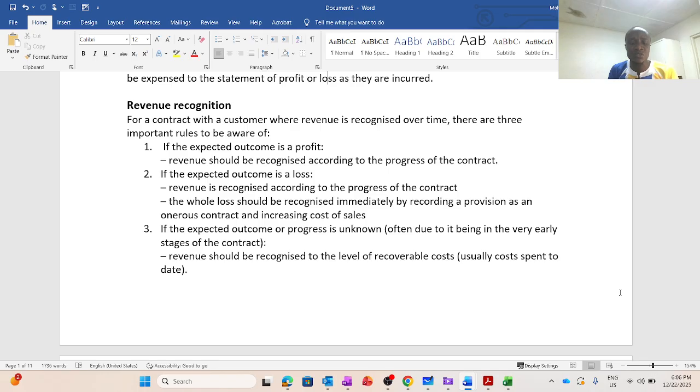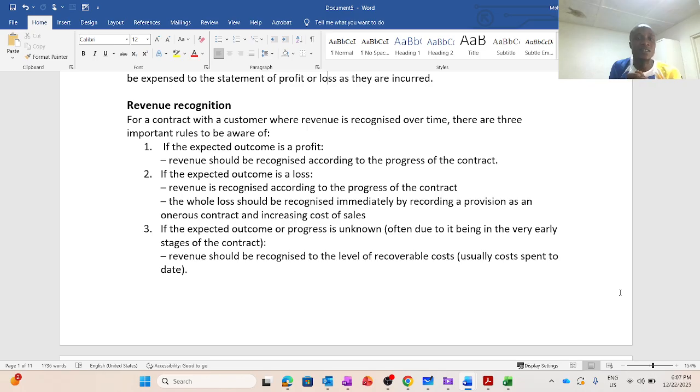So in that particular situation, IAS 37 gives us the condition that we need to make a provision. If you go back to the Conceptual Framework, looking at the definition of a provision and a liability, you are able to justify that, yes, we need to make a provision for expected loss-making contracts. So now, when we make the provision, we debit the cost of sales and we credit provision. So this will be the double entry.